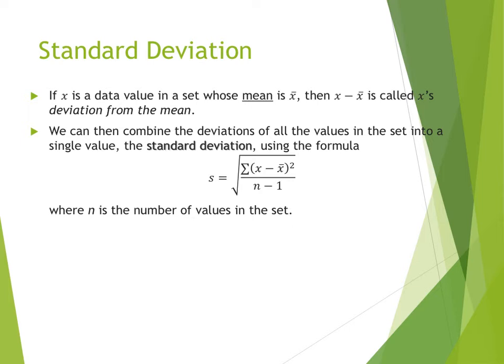That is called the standard deviation, and the formula is the square root of the sum of all (x minus x bar) squared divided by n minus 1, where n is the number of values in the set. Again, x is the data value, x bar is our mean, and n is how many pieces of data we have.